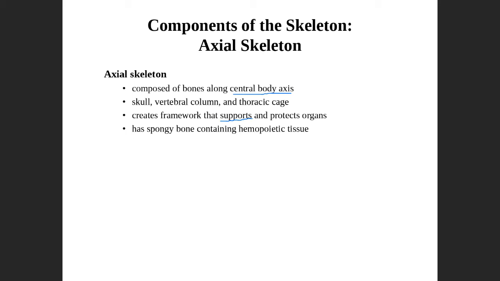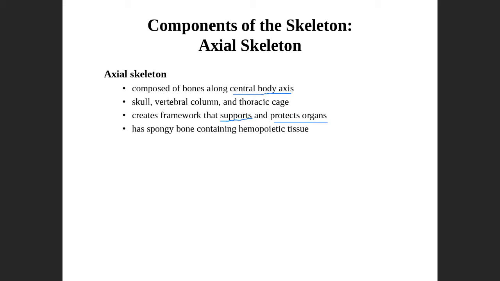But really, we see that it protects organs. And as you know, if you think about organ protection, you think of your ribs. Your rib cage protects the heart, protects the lungs, and the other structures in there. But not only that, the axial skeleton, the skull, protects the brain, which is an organ, and the vertebral column protects the spinal cord there.